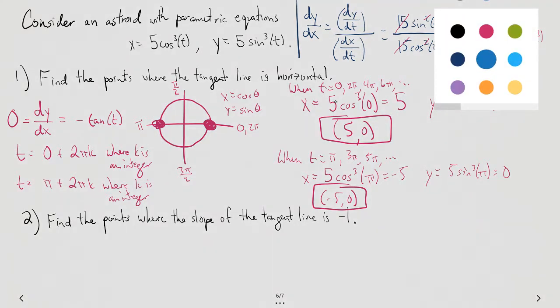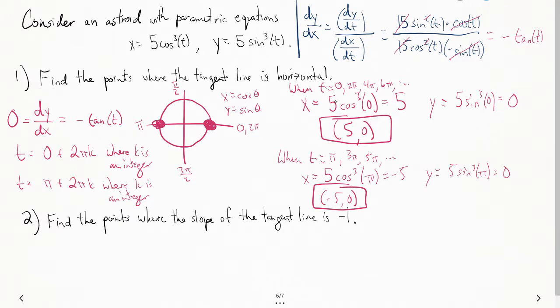And moving forward to the same kind of thing, we want when the tangent line is -1. Well, okay, so this seems a little bit trickier. So we want -1 to equal negative tangent of t, right? So that means that tangent of t equals +1.